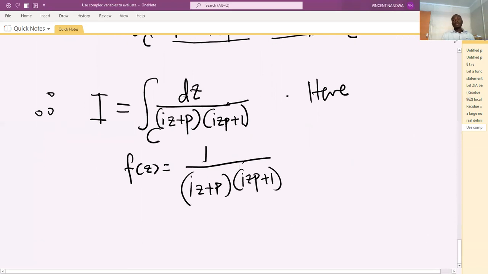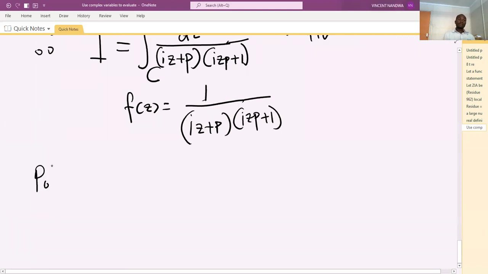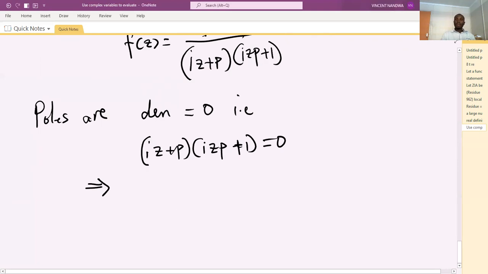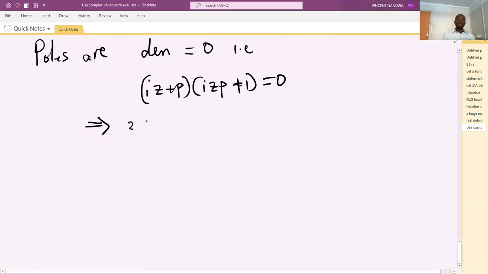So immediately you have the f of z, then find the poles. Poles are taking the denominator, equate to 0, i.e. iz plus p times izp plus 1 equals to 0, which means in the first case, z is equals to p over I, and in the second case, z the same as negative 1 over IP.